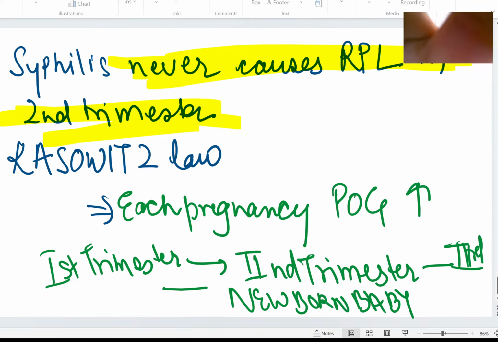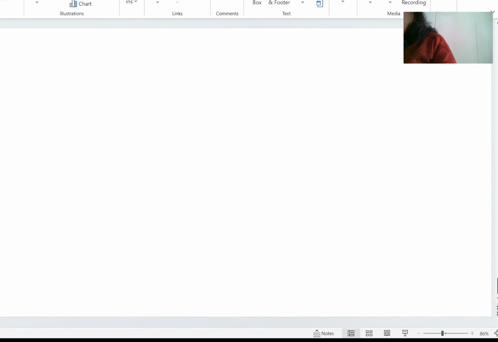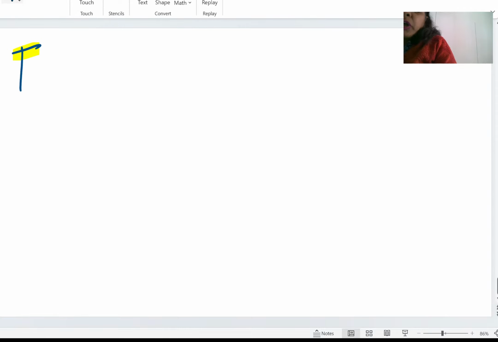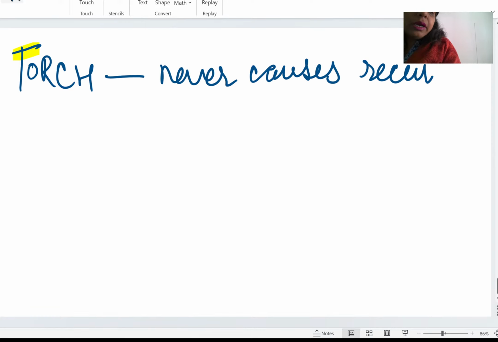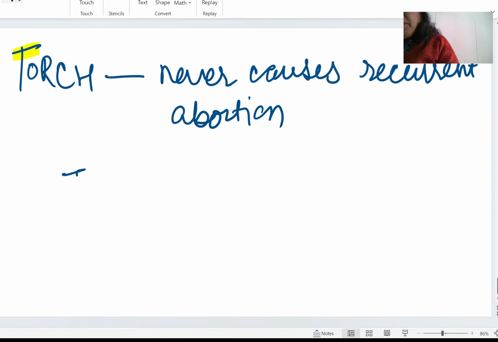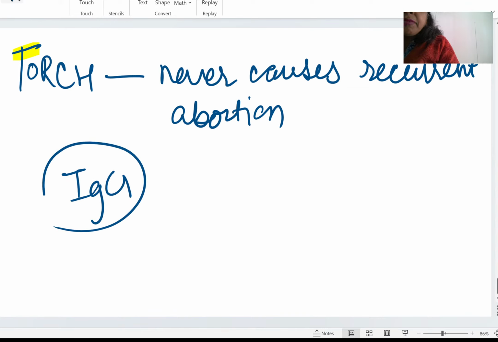One more thing is there. One more question is asked on this: which infection does not cause recurrent pregnancy loss? Torch infection never causes recurrent abortion, because once the torch infection occurs, immunoglobulin G is formed.